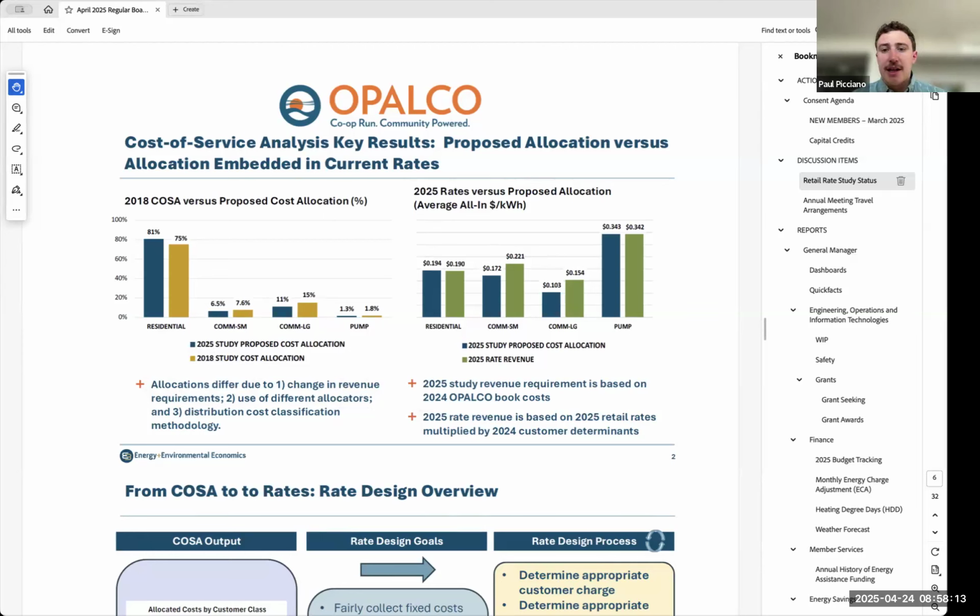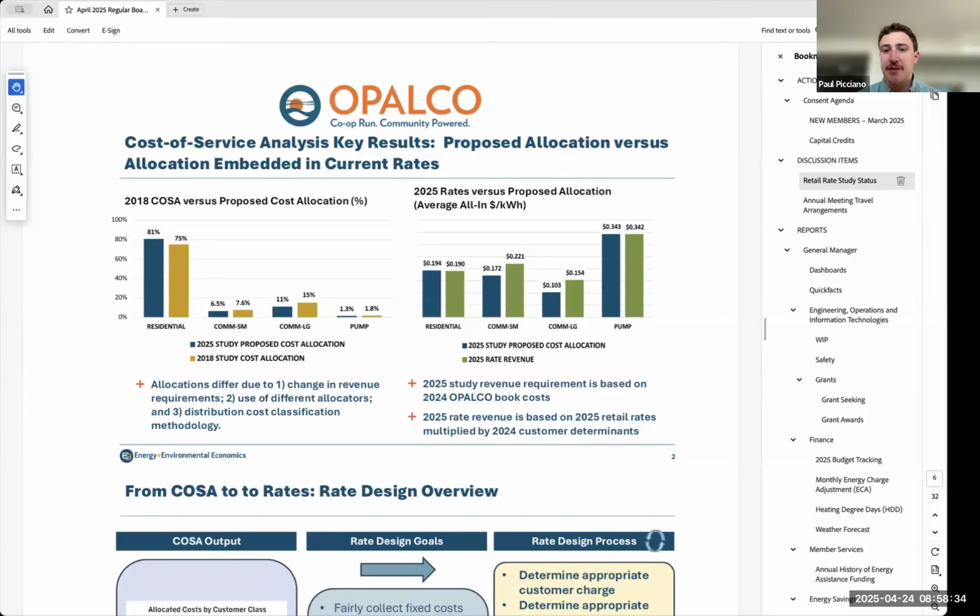So one, there are changes in the expenditures over time. There's also, as Foster mentioned, with updating this allocation process, a few tweaks in the different allocators that we used to assign costs to different customer classes.